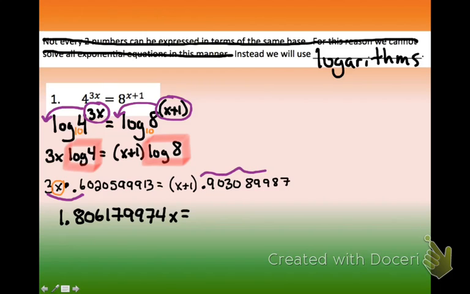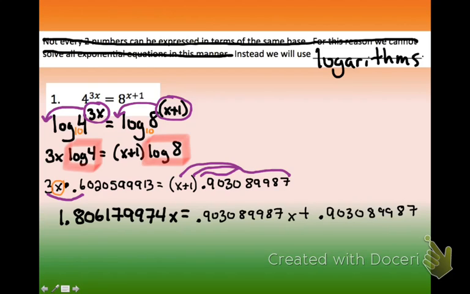So you take this whole thing here, and you're going to distribute it. So we end up with, and it's going to be kind of a long part here, 0.9030899987x plus, if we multiply times 1, 0.9030899987. So all I did was distribute that out, and again, it's just a number. It's a long decimal, but it's still just a number.